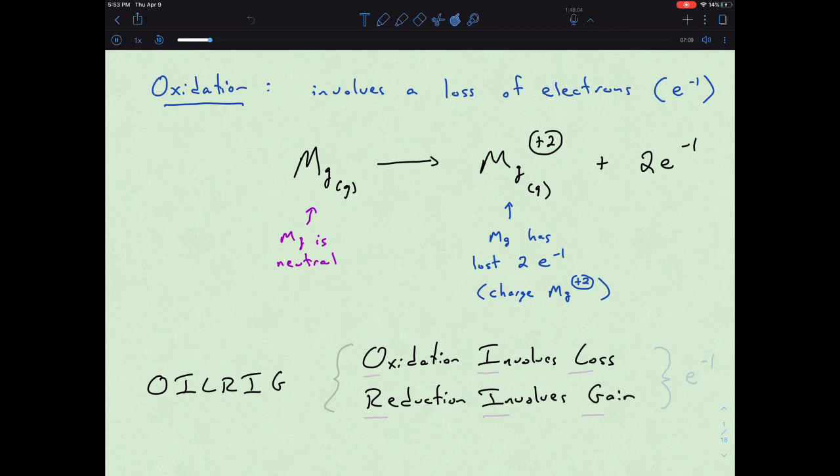So it's a mnemonic to help with that process, where we have OIL RIG. And in both of these cases, as far as loss and gain, we are talking about electrons.